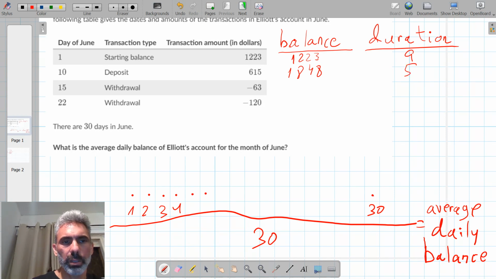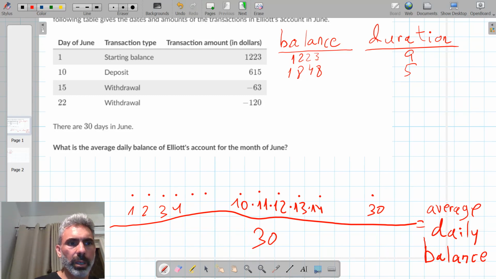So on June 10th, June 11, June 12, June 13, and June 14, 1, 2, 3, 4, 5 days, it stayed $1,848. And then Elliot made a withdrawal of $63.